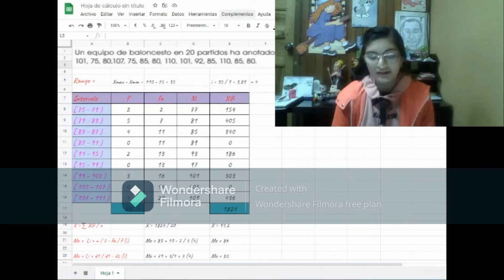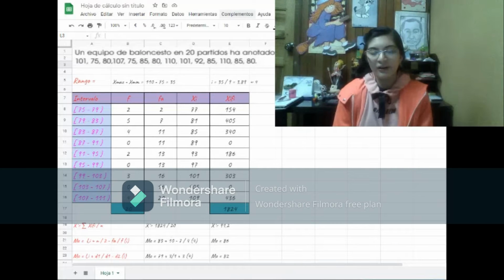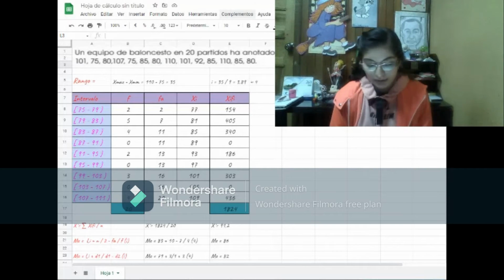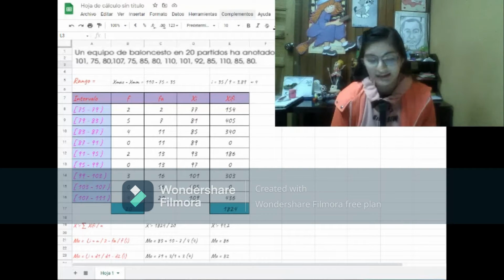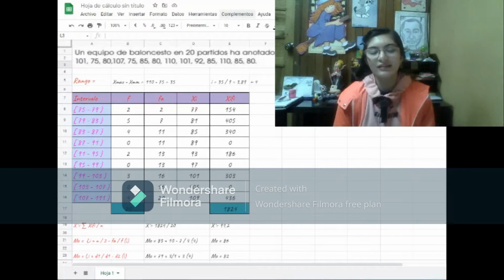For the intervals, how are we going to count them? We have to divide 35 by 9, right? So the answer is 3.89, and we have to approximate it, and this is 4.